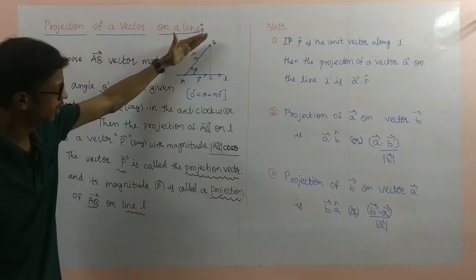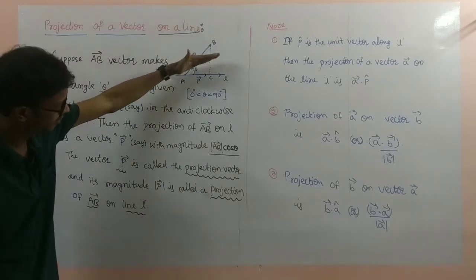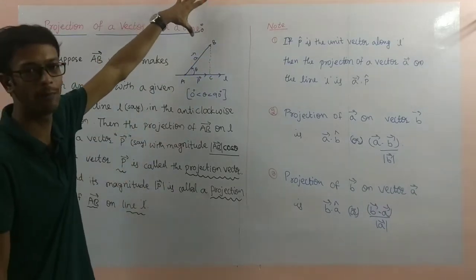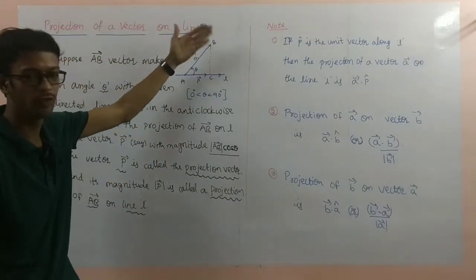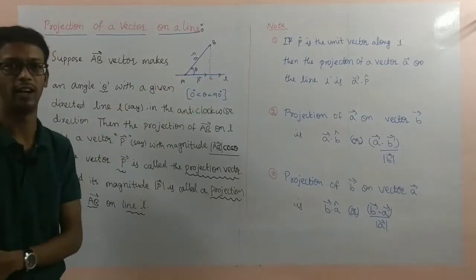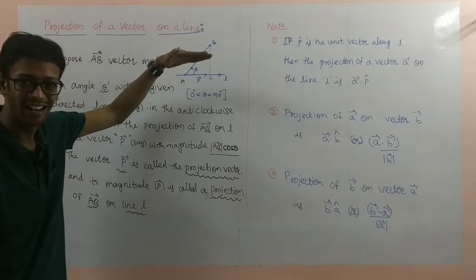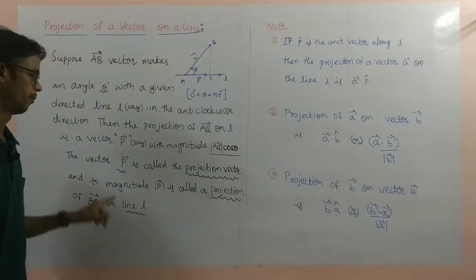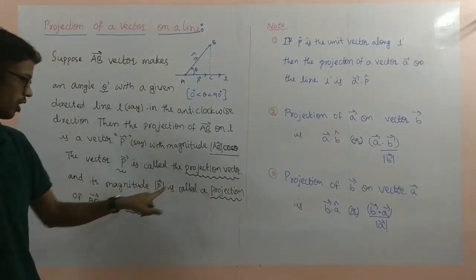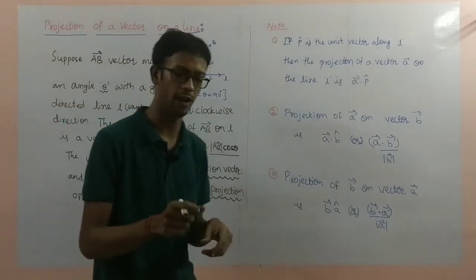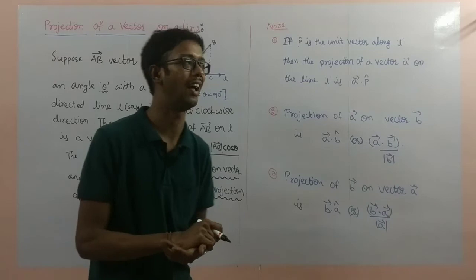Projection is nothing but if you move it from this place to this place, that is called a projection. In a simple way, if you shine a light here, the shadow will come downside. What is the amount on L is called a projection. So the projection vector, and its magnitude is called the projection of the vector AB bar on line L.